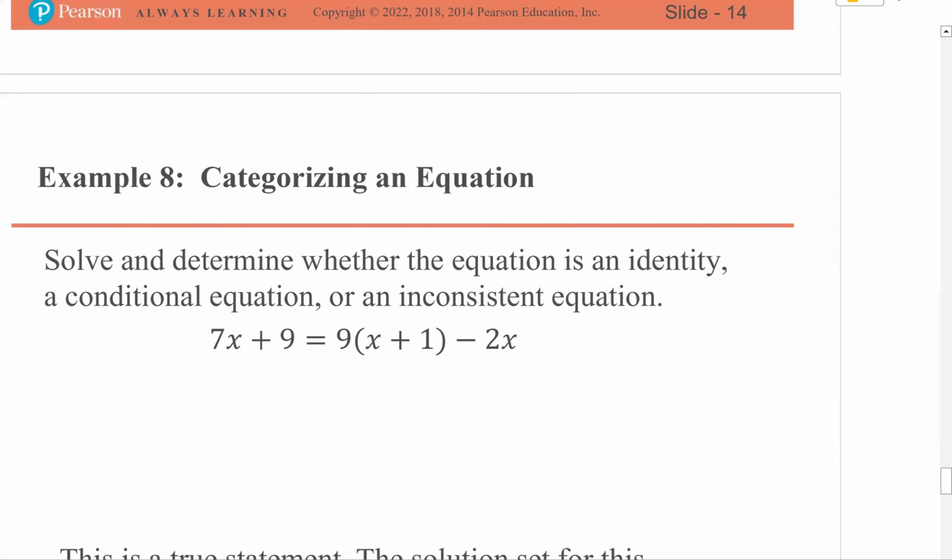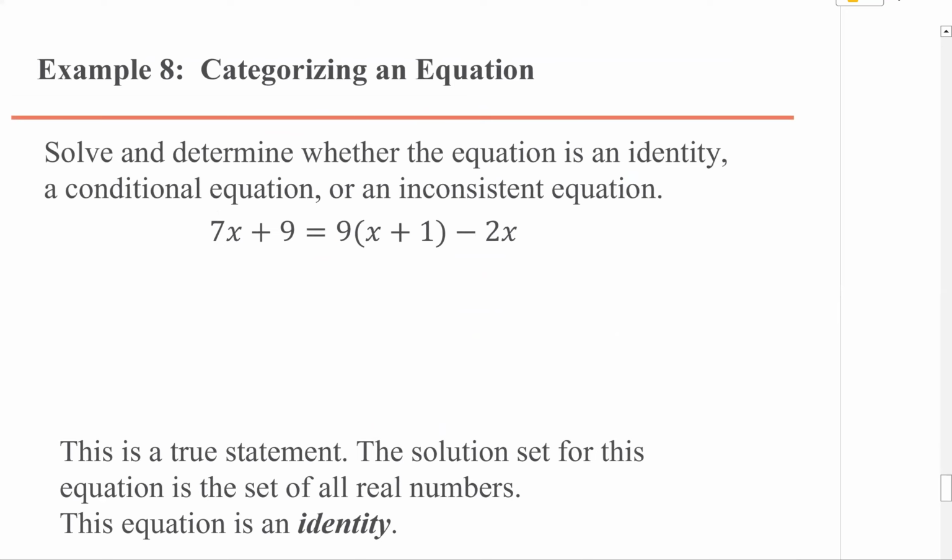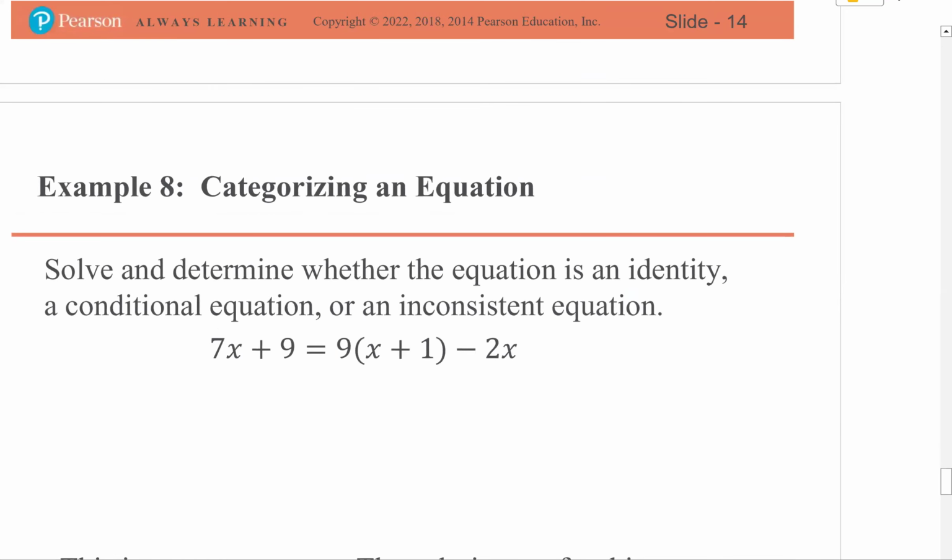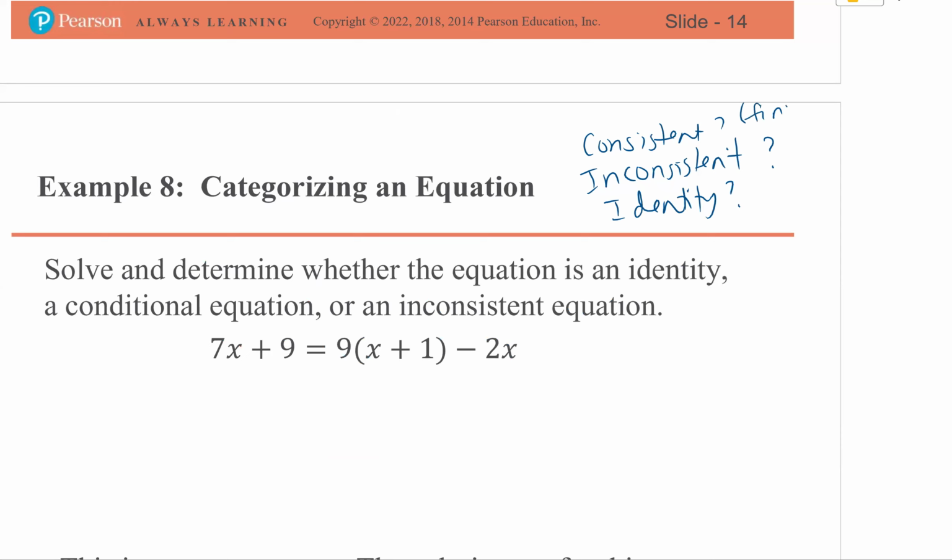Now, how about this one? Let's do something similar. Let's see if this is consistent, inconsistent, or an identity. Because like we said, consistent means a finite number of solutions, but at least one.